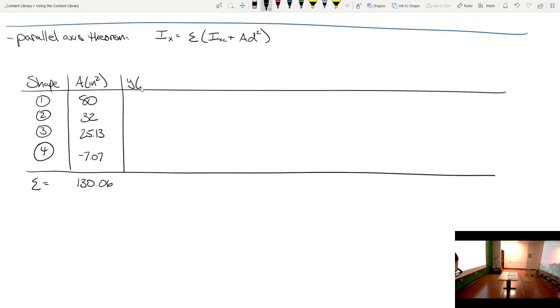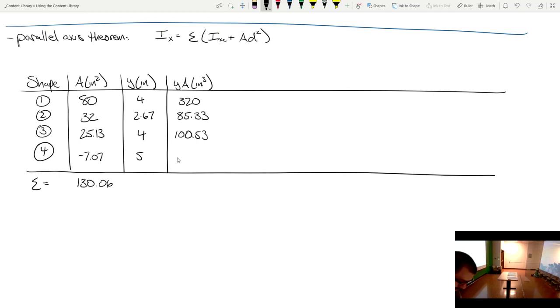Next, we're going to write the y distances that we computed: 2.67, 4, 5. And then now we do the YAs. So 320, 85.5, 33. I'm just going to go ahead and do this part for you because I would hope that this part's pretty simple. 100.53 and then negative 35.34, if you carry all the decimals.